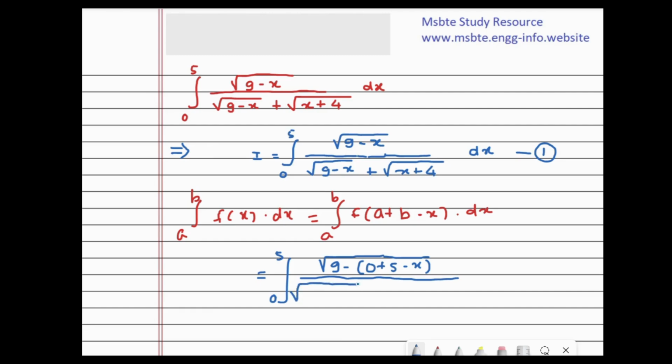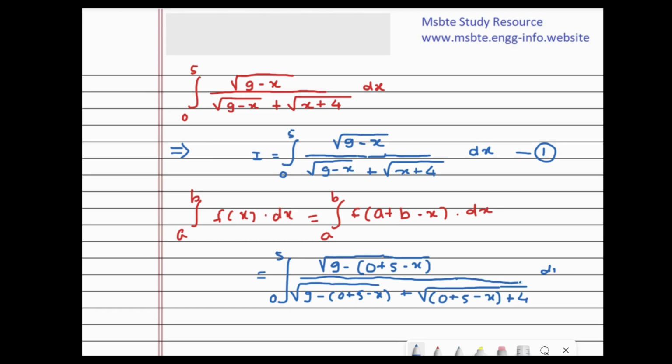Here also, under root 9 minus (0 plus pi minus x), or simply pi minus x, plus under root x. X will be replaced by 0 plus pi minus x, and plus 4. It is x plus 4. This all is under f of x into dx.